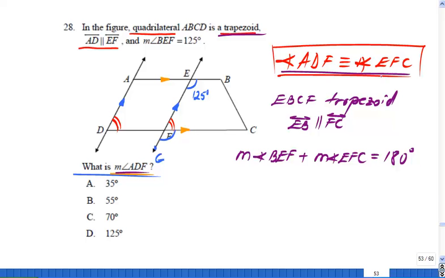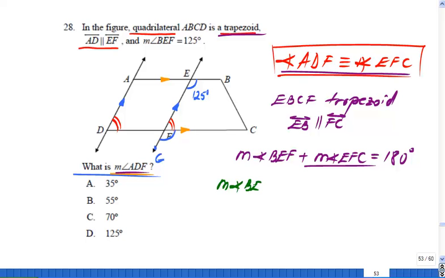Well, guys, ADF is congruent to EFC. So instead of the measure of EFC in here, I can put ADF, because the two angles are corresponding, they're congruent. Your new statement will look like what?